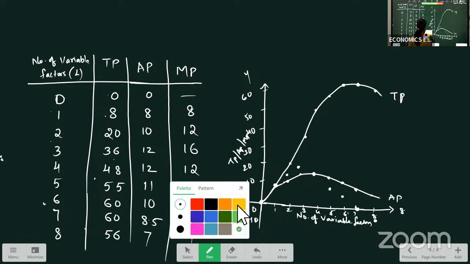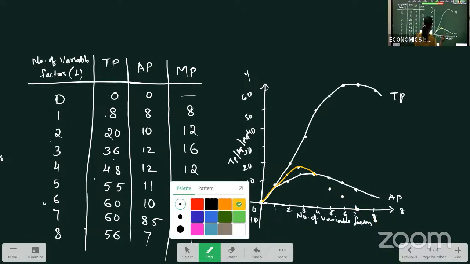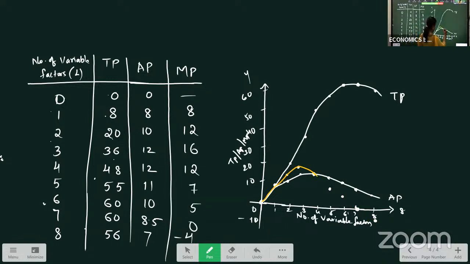I'll change the color. So the MP curve increases, touches AP, decreases and becomes 0, then decreases further. This is the MP curve. Got it?